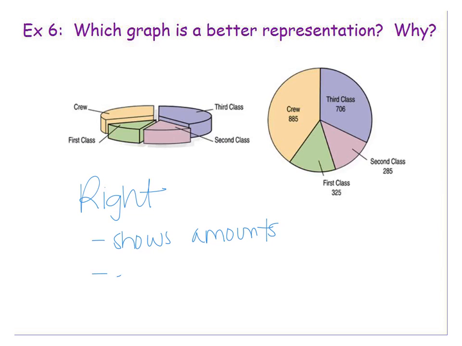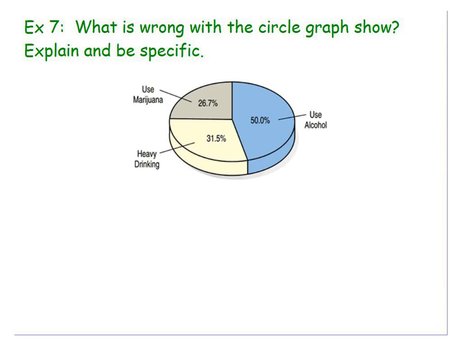The one on the right is definitely easy to compare the wedges because it's flat, it's two-dimensional, you don't have a height, it's not hard to read and see well. Especially if you look at the orange and the purple on the left, you really can't tell which one's bigger. But you look on the right, the crew is definitely a bigger wedge. So that was an easy question.